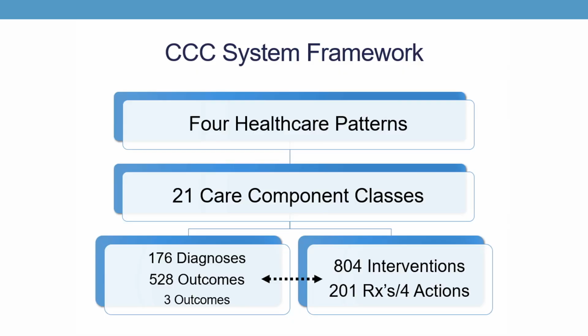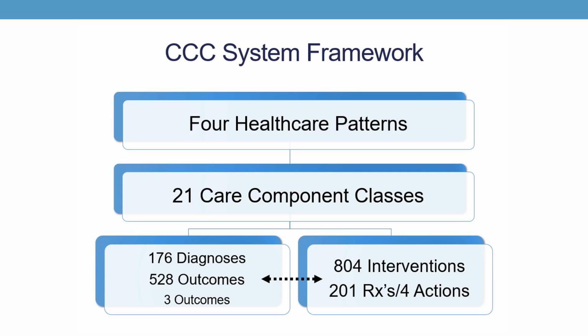The CCC system terminologies consist of a 4-level framework which makes it possible to statistically aggregate care data upward as well as parse the data downward for an episode of care.